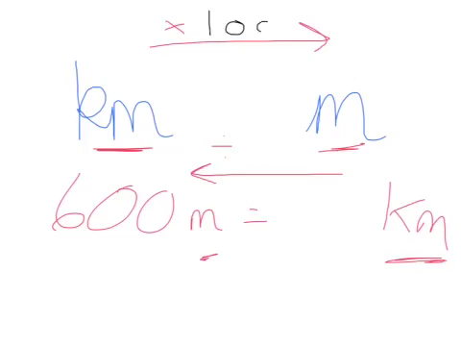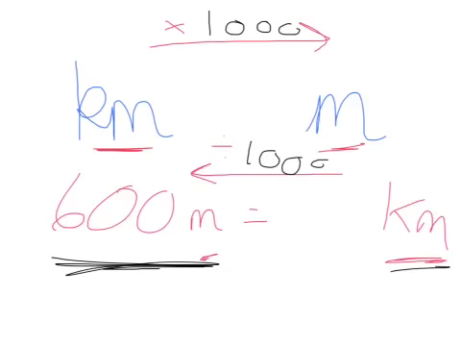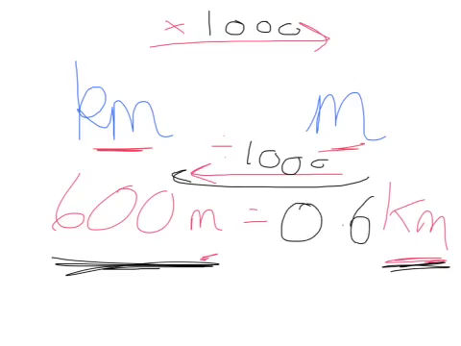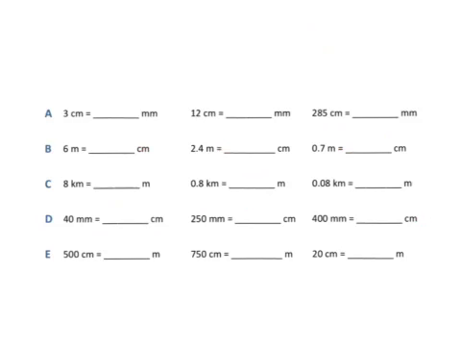There's 1,000. Now, because I've got my metres and I want to go to kilometres, I'm using my bottom arrow. I'm going backwards. So I'm doing 600 divided by 1,000, which is going to give me 0.6.